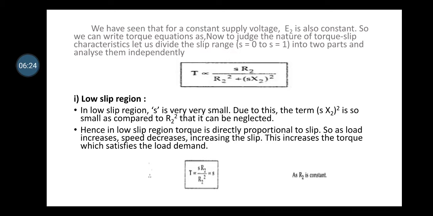So as the torque increases, slip also increases, and that's why in this region torque and slip increase linearly with respect to each other. This region is known as the low slip region or stable region.